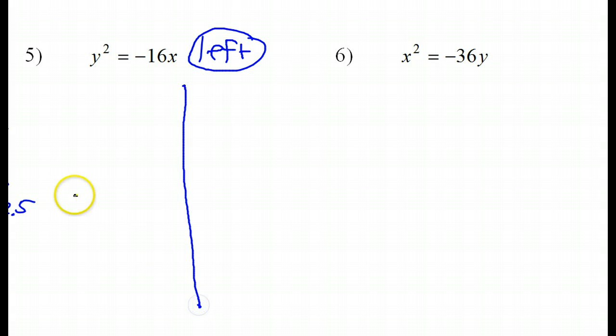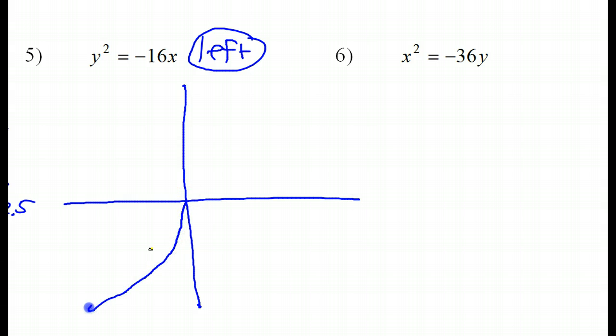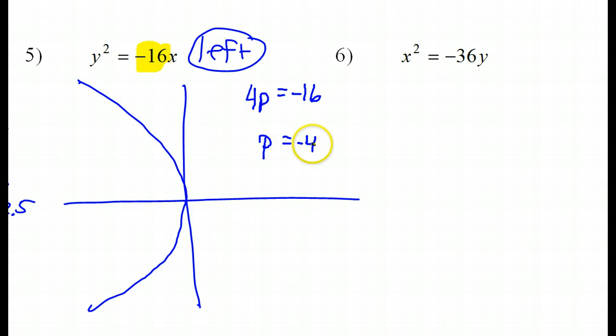So as you do your rough sketch, all right, you know it's going to be facing to the left like this. Okay, now we just need to know what the p value is. All right, but this is 4p, right? So that means 4p is equal to negative 16, which means that p is equal to negative 4.